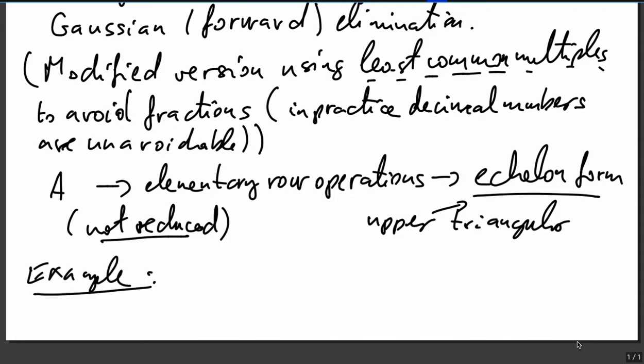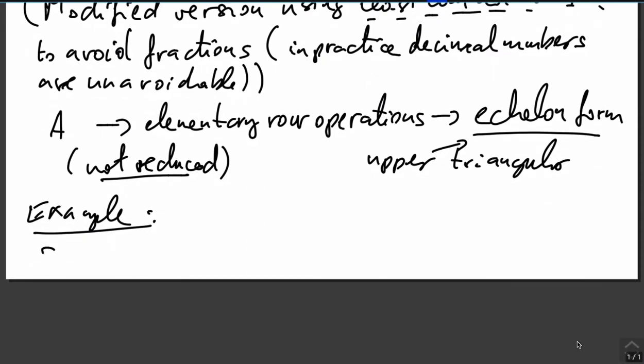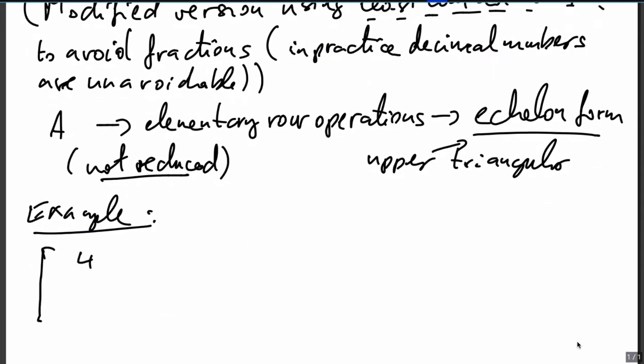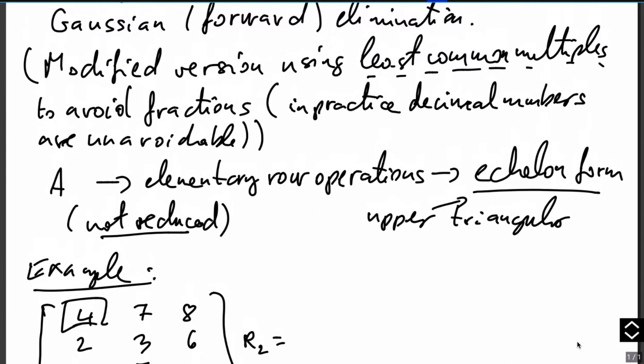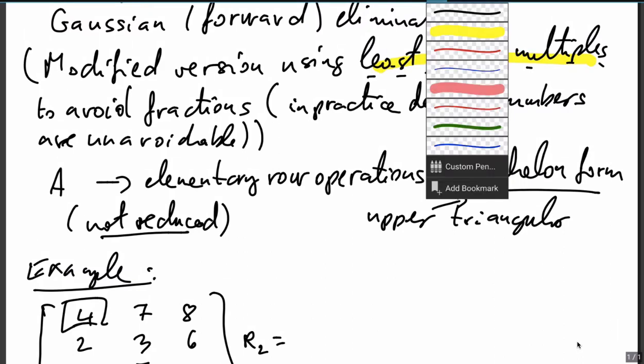So for example, if we have a 3 by 3 matrix with rows 4, 7, 8; 2, 3, 6; 5, 7, -2, the 4 is the first pivot entry. Then for row 2, again, let me emphasize that I'm going to use least common multiples to avoid fractions.